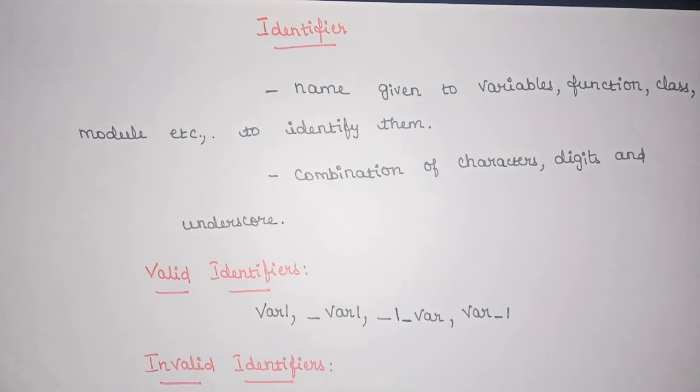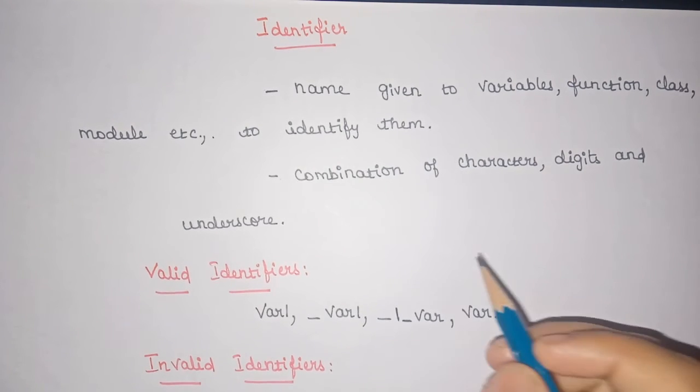So the first rule is that it should start with either an alphabet or an underscore symbol. Apart from the underscore, we should not use any other symbols in the name. The third rule is that you cannot leave spaces in between the variable name.